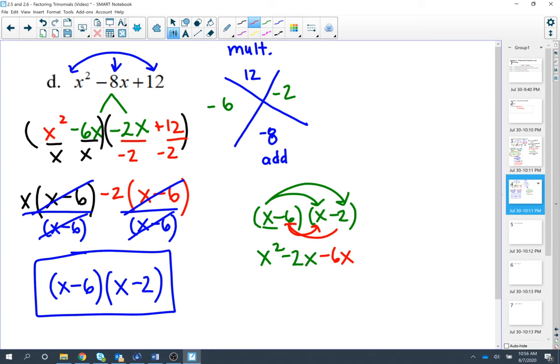Take your -6, distribute it to your -2, +12. Combine your like terms, -8x. Drop down your +12. Drop down your x squared. X squared minus 8x plus 12. Up here, x squared minus 8x plus 12. There you go. So that tells me we factored it right. We did good.